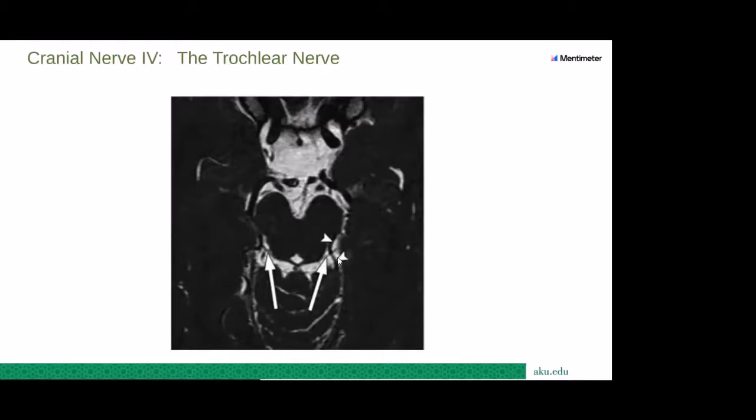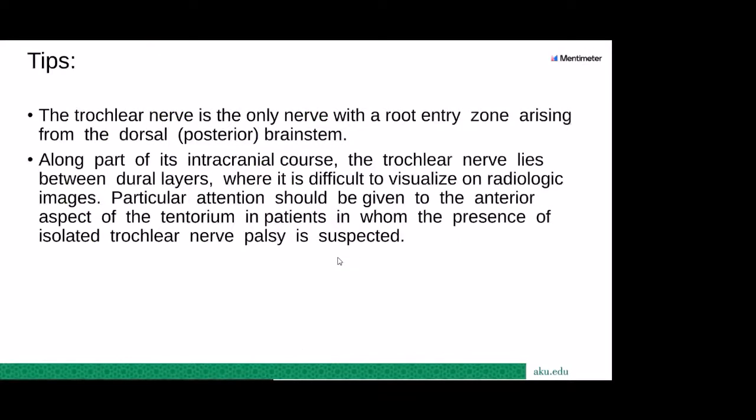And that's why it's always said, especially for the radiologist, if somebody has asked you for the evaluation of the trochlear nerve, isolated trochlear nerve abnormality, pay attention to the dural layers, because something might be there in the dura which is indenting or involving the trochlear nerve if there is isolated involvement of the trochlear nerve. So the trochlear nerve arises dorsally, runs along the two leaflets of the tentorium, and then it runs anteriorly and enters into the cavernous sinus.